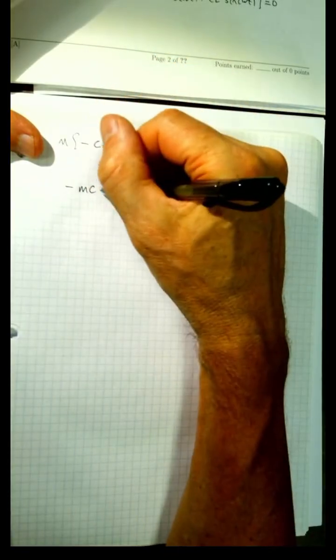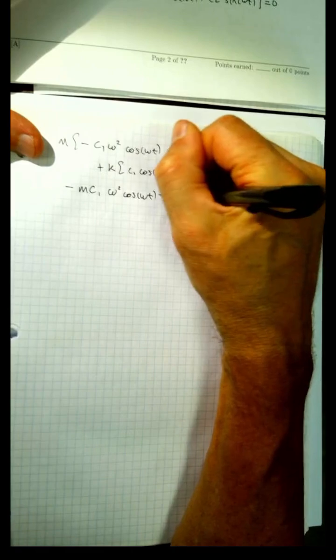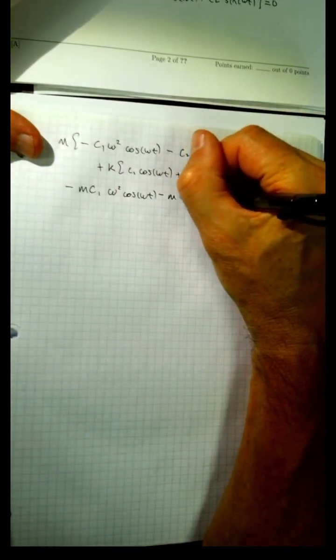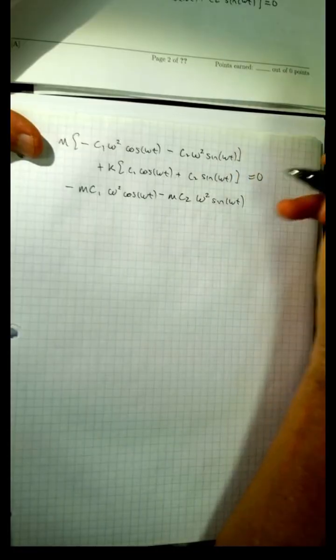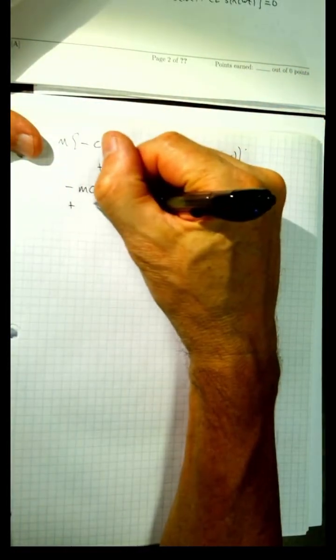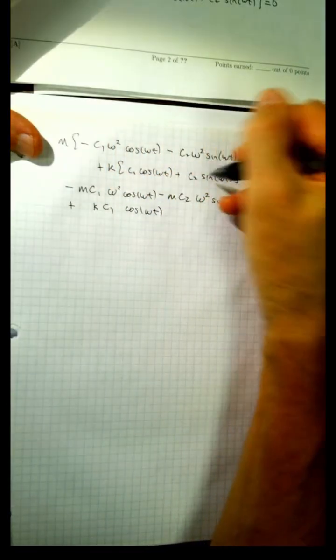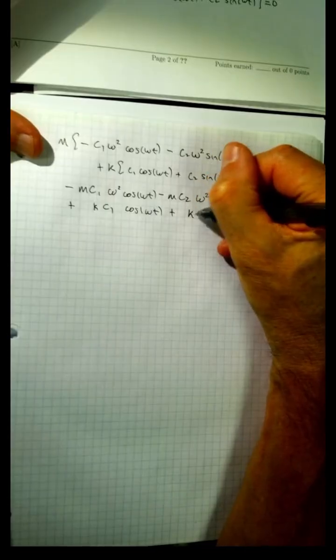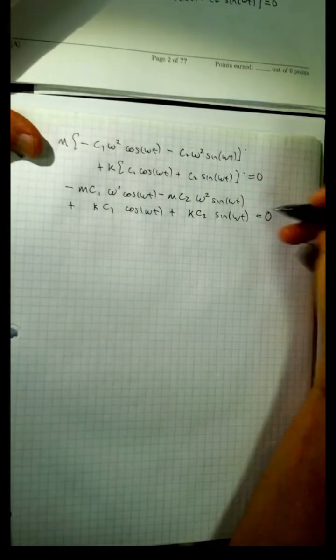So minus m times that, minus m times this thing. So that's this term. Now this term I'm going to multiply the k through. Multiply through by that one. So I'm going to have k c2 sine omega t is 0.